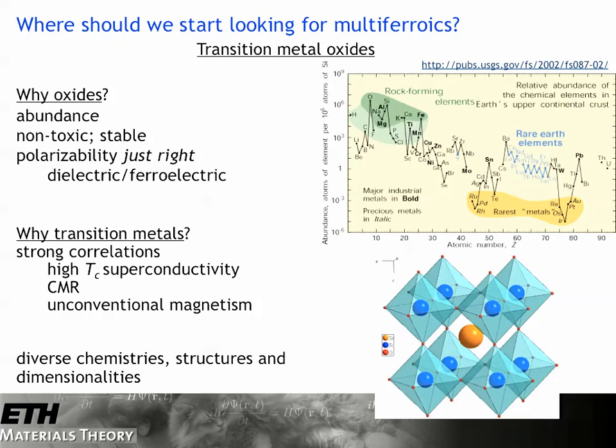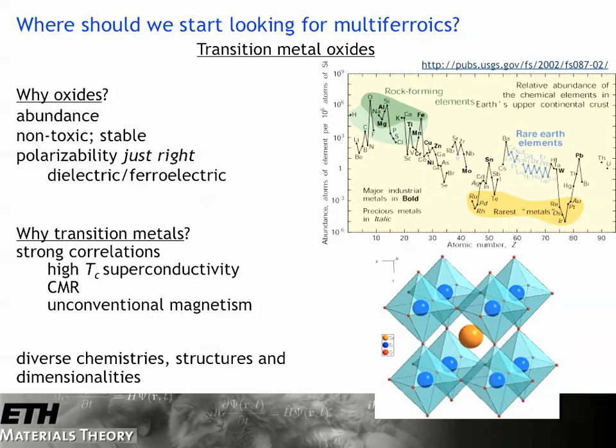From a chemistry point of view, oxygen and its compounds with transition metals occupy really the perfect place in the periodic table, in that its bonds with transition metals are not too covalent and not too ionic. If you move to the left in the periodic table and look at the nitrides, they form very stable, strong covalent bonds, and materials then that have very good semiconducting properties, but from a functional response to external perturbations, they're not terribly interesting.